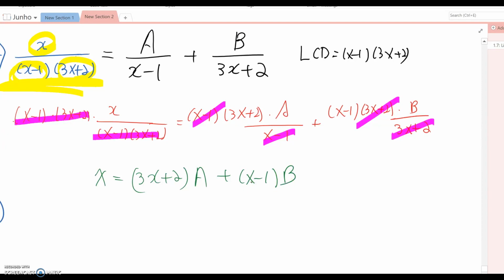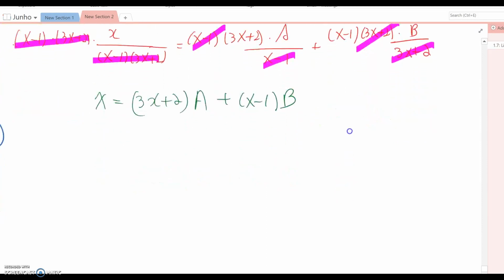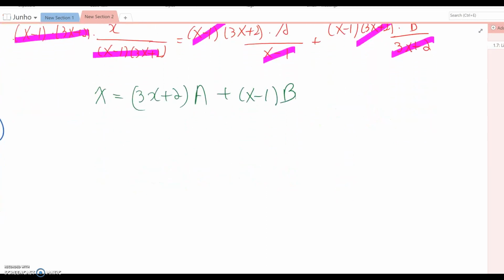Okay, so in order to find the a and b values, you need to find the values here and here, basically. In this case, if x equals negative 2/3, then this will be 0. And if x equals 1, then this becomes 0. So I'm going to use x equals negative 2/3 and x equals 1, and then we find the a and b values.